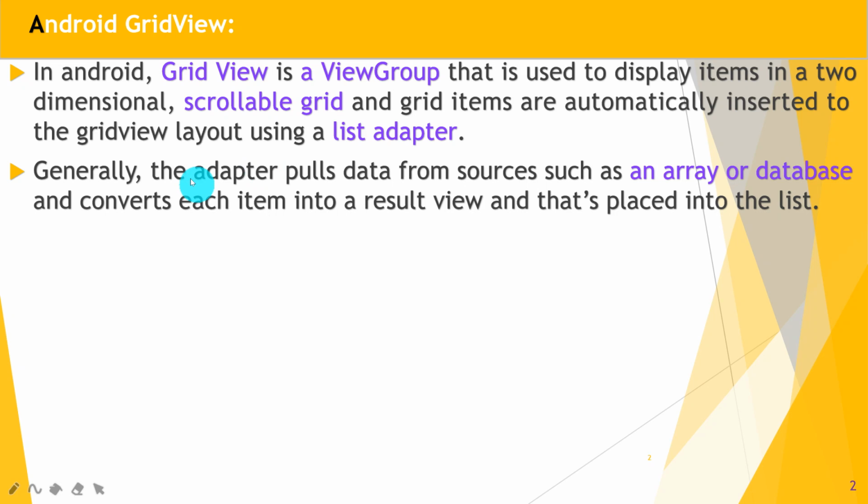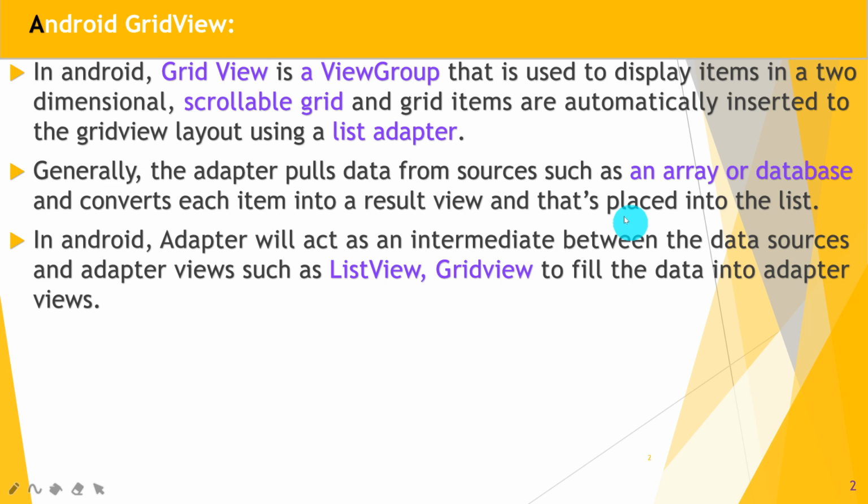Generally, the adapter pulls the data from sources such as an array or database and converts each item into a result view, and that is placed into the list. Great.